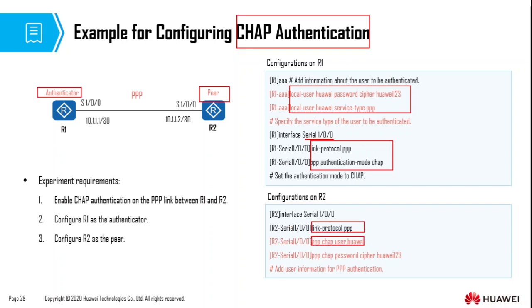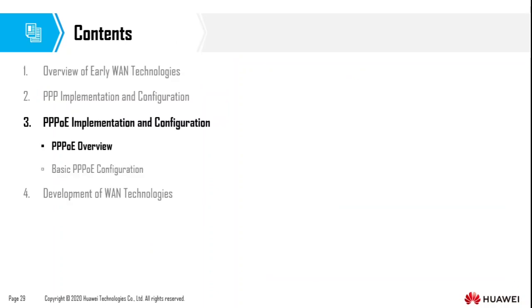Then use the command ppp chap user, then the username that we created here, and ppp chap password cipher, the password Huawei123. Okay, so let's now look at PPPoE implementation and configuration.